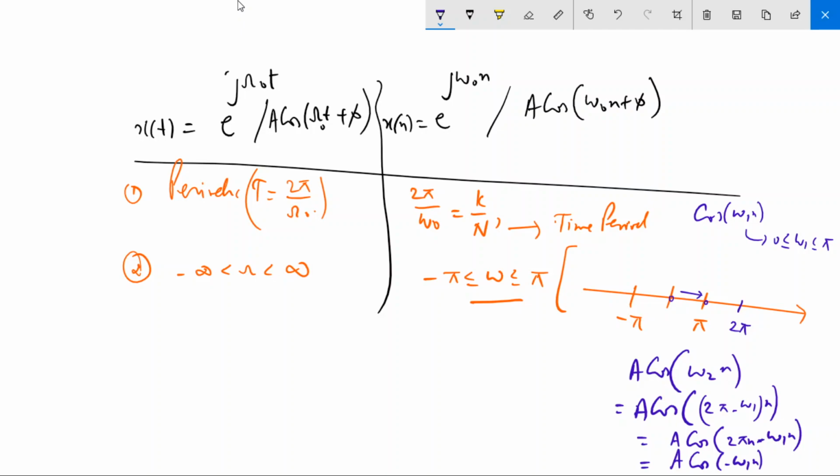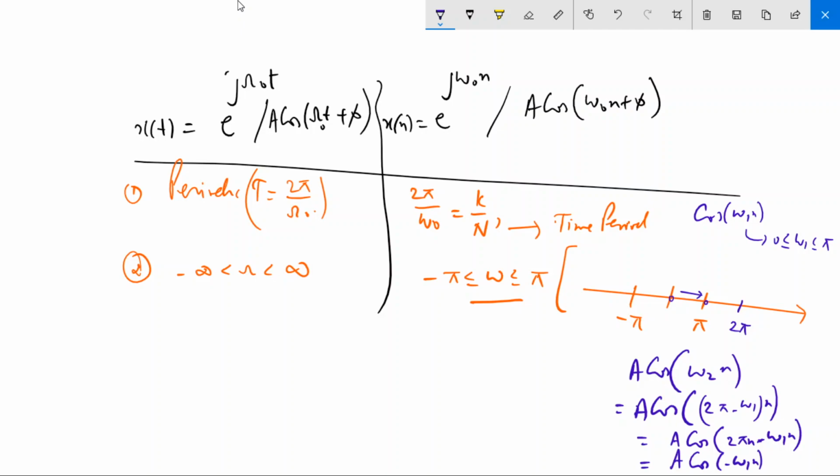Okay, it means now see for the cos function, no doubt, because cos of minus theta is cos theta, this will also be cos(omega 1 n). But if you take a sinusoidal function, it will become sine of minus omega 1 n, that will become minus sine of omega 1 n.